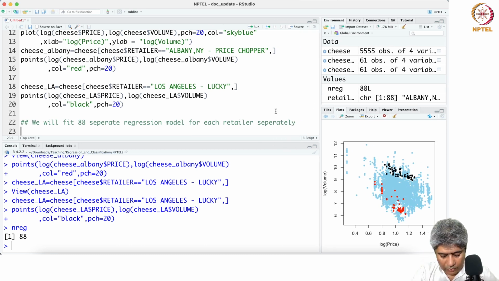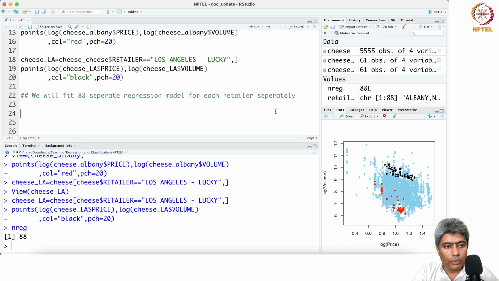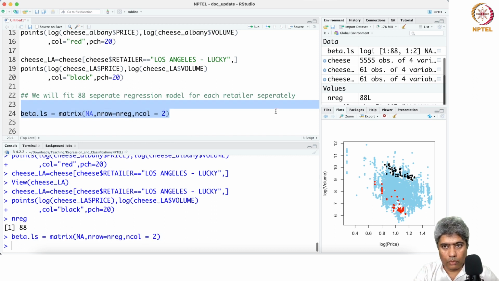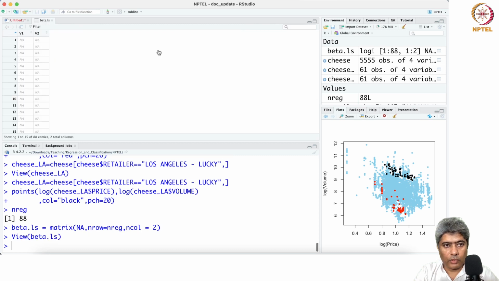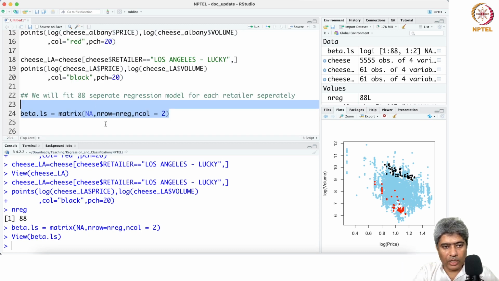So first, beta.ls equals matrix NA, nrow equal to nreg, and ncol equal to 2. This is my beta. I'm just creating a placeholder.